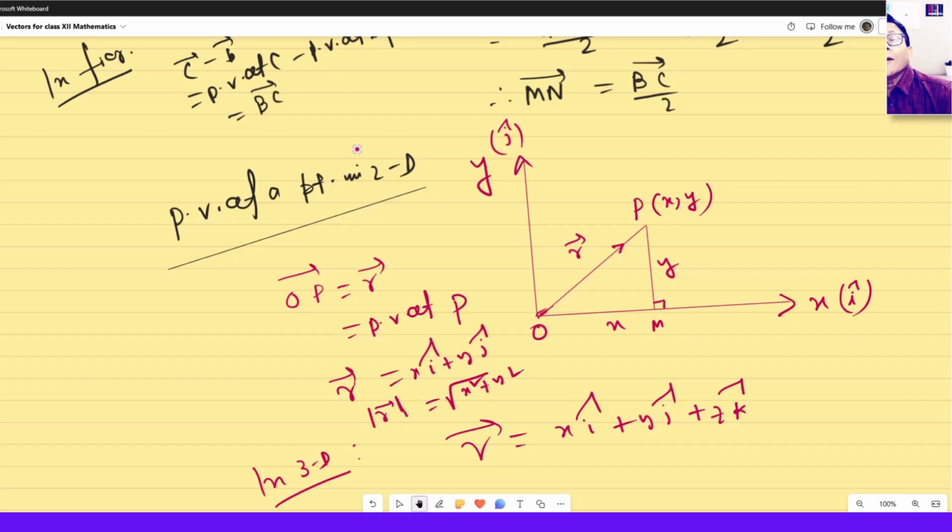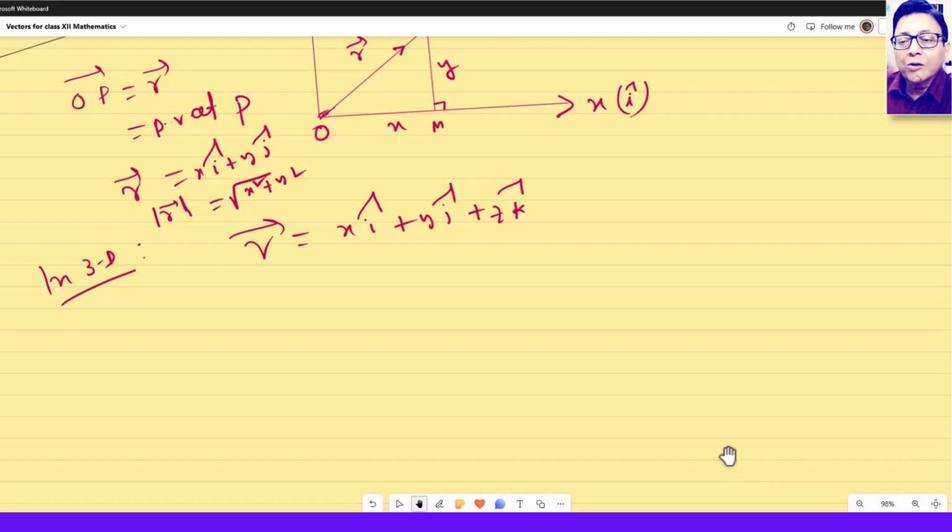But instead of finding modulus, it is more important to solve problems just by using the concept of position vector, and keeping in mind that there is an origin or a starting point. From there, if we join, it will be the position vector of the point. We need not draw origin always. This I have told you earlier also, isn't it?